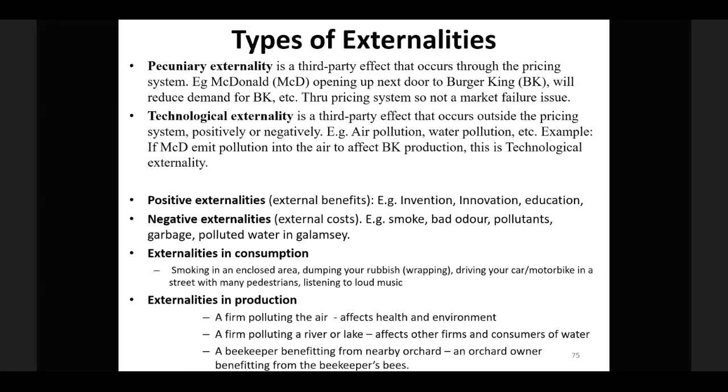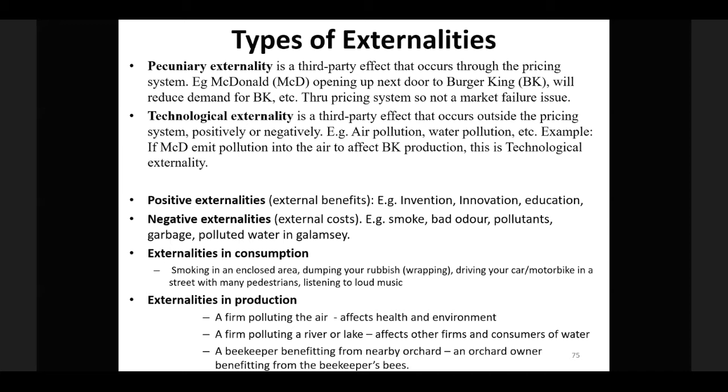And you realize, can we say this is an externality? Yes, but it's a pecuniary externality to the extent that siting close to Burger King is going to reduce the demand for Burger King. So McDonald's siting its shop close to Burger King is causing an externality to Burger King.